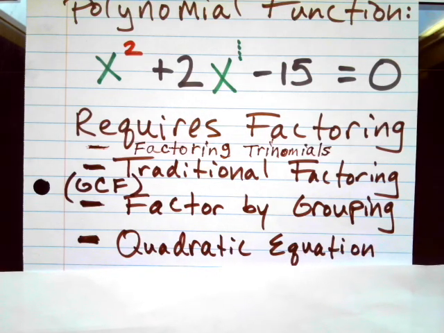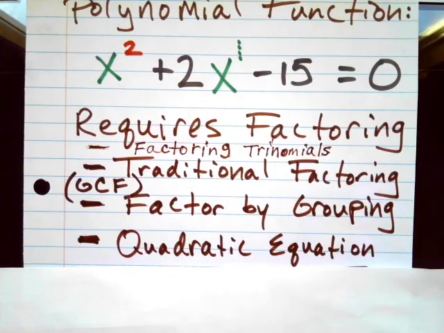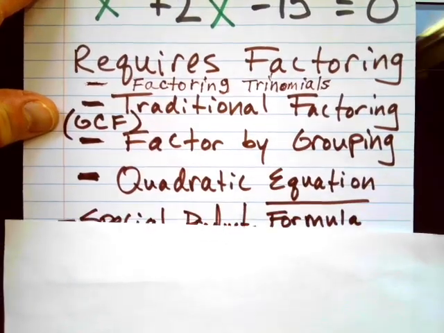Sometimes you get to a point where you just can't factor the numbers of your function, and you can use the quadratic equation to find your factoring of these equations. I'll get into that a little bit later in some of these skill videos.